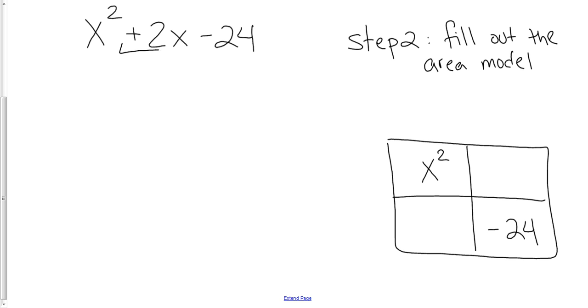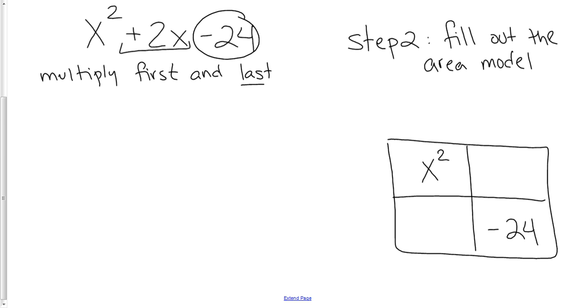And now we need 2 numbers that add to 2x. When we find those 2 numbers, we multiply first and last, last being the negative 24, first being the 1 that's in front of that x squared. So 1 times negative 24 is simply negative 24.